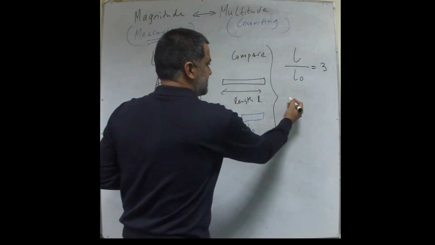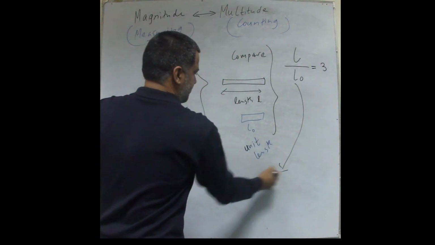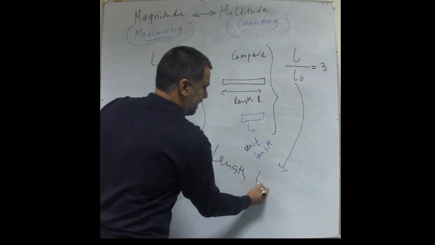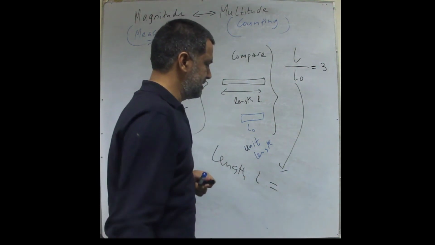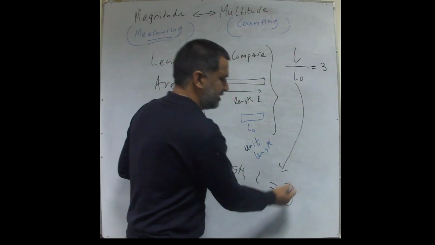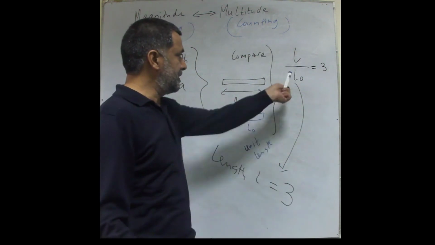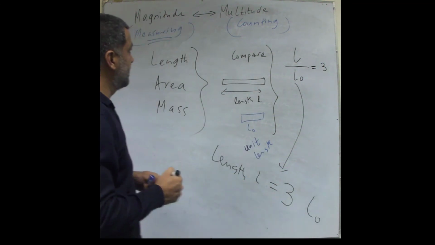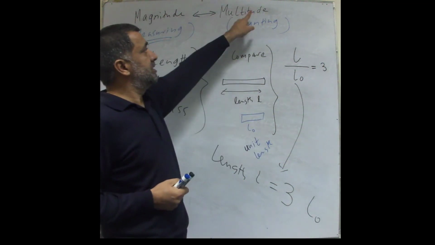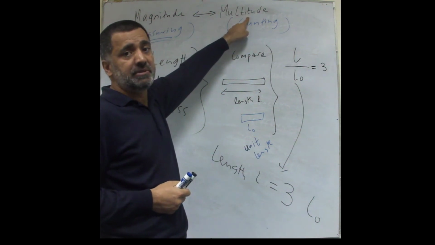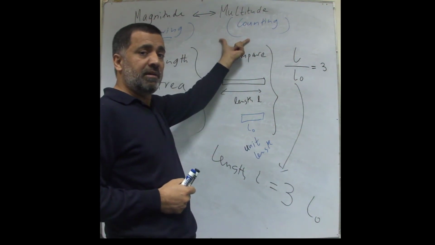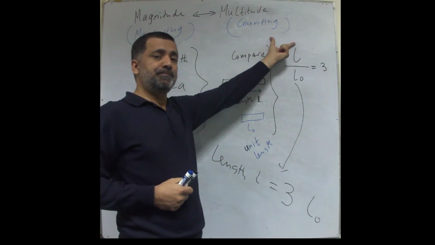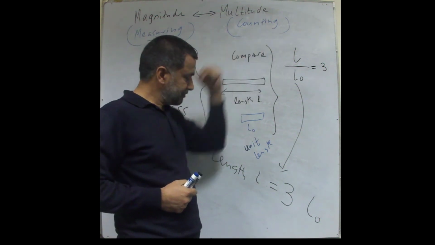So how will I report this? I will report that the length L is 3 units, and the unit here is L0. Recall how we reported a multitude: we had a count or a number, followed by a denomination.